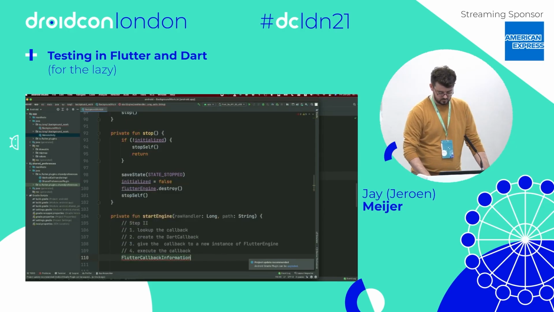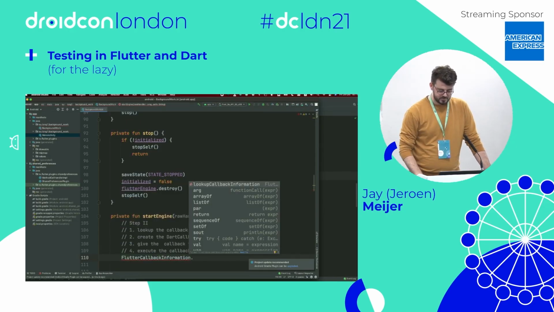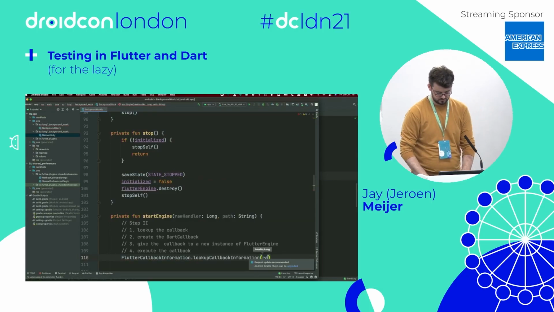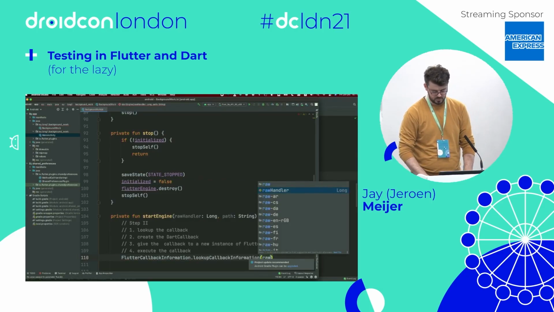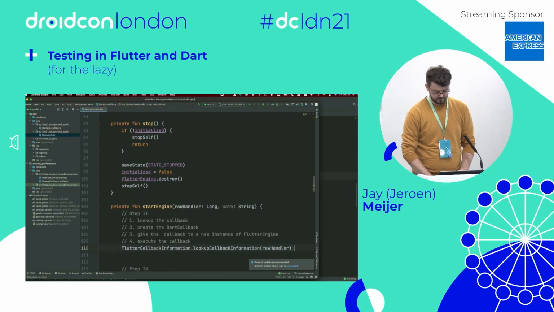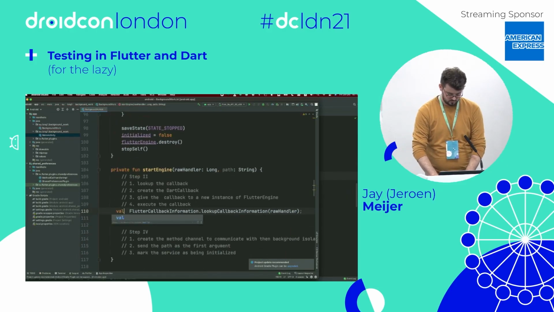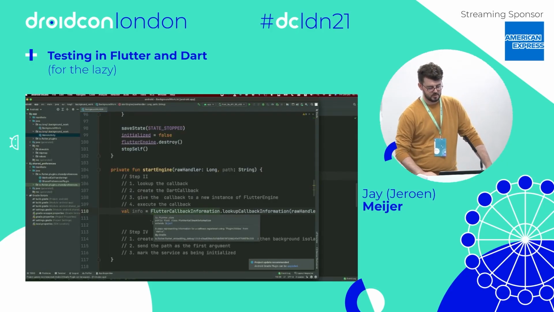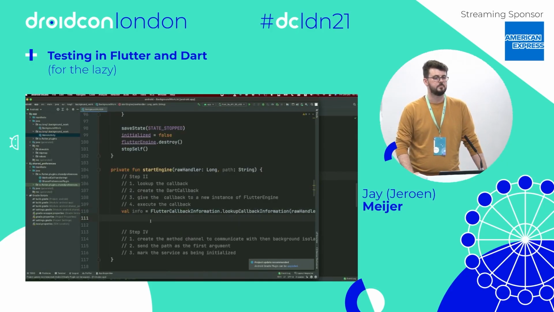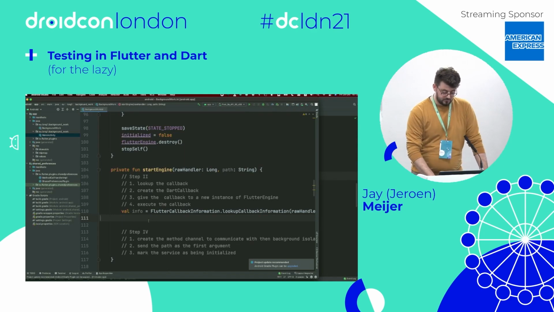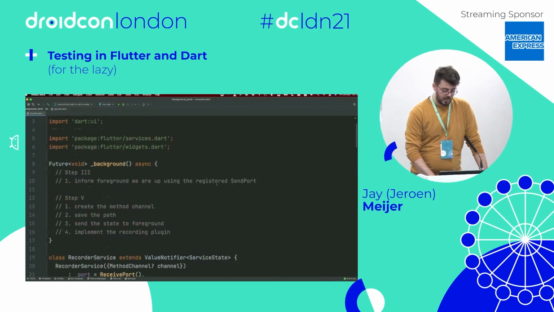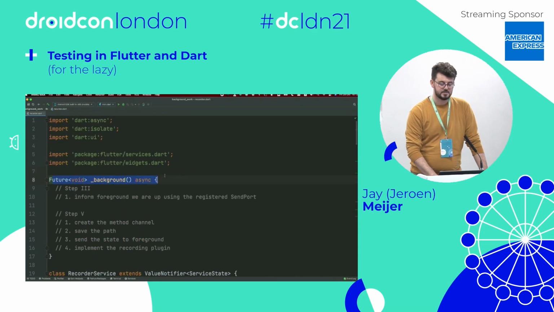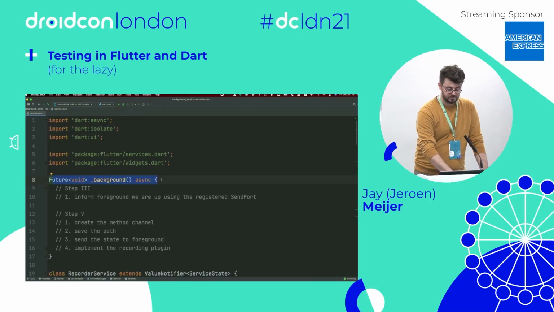And this is the opposite of what you use in Dart. So look up callback information. We give it the handler, so this is like the integer that we received. And what this contains is basically the address of that method that we can call. So the information here is basically where is this saved? Where is this background method saved? And what do I need to know to start it up?